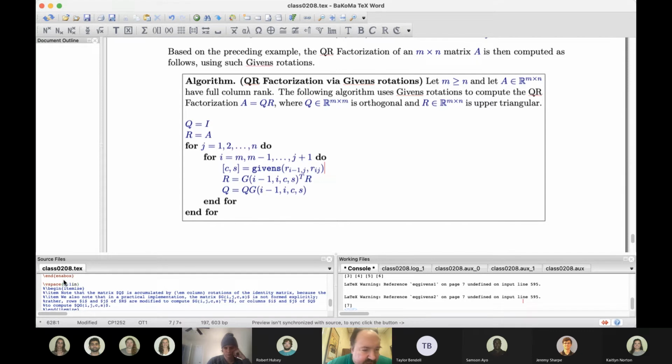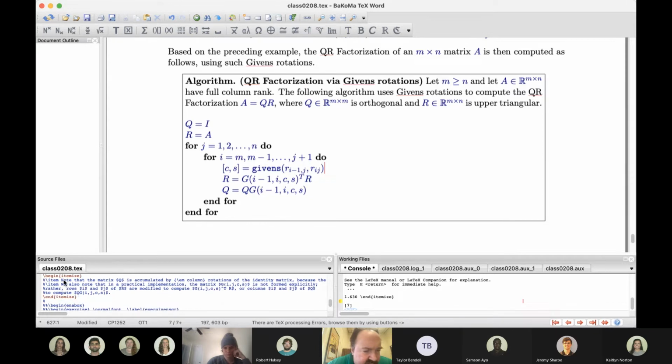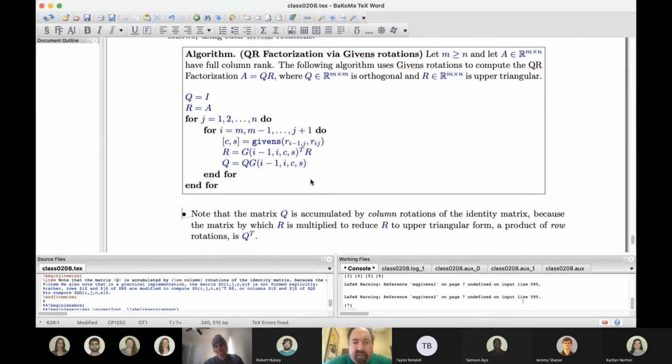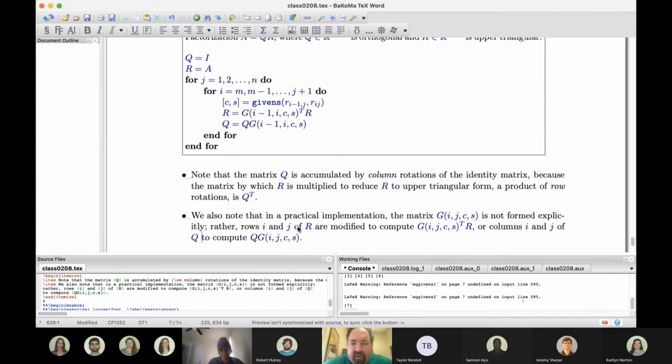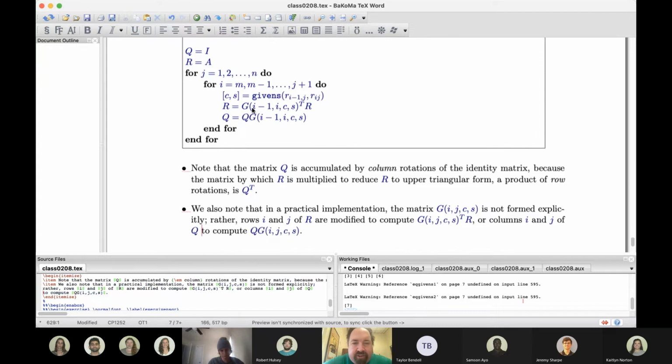Now, a few comments I need to make about the algorithm. Here, because I'm multiplying Q on the right by a Givens rotation, this is actually rotating columns. So a Givens rotation rotates rows when multiplying on the left, columns when multiplying on the right. Now, in an efficient implementation, you would not form all of G, because that's mostly identity.